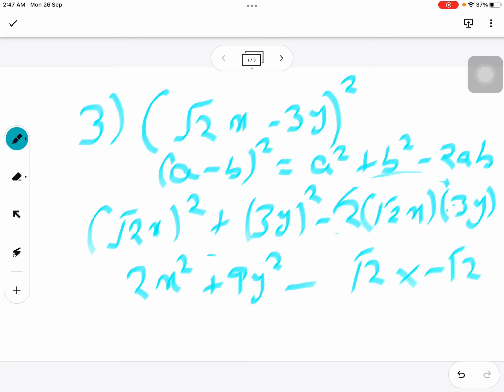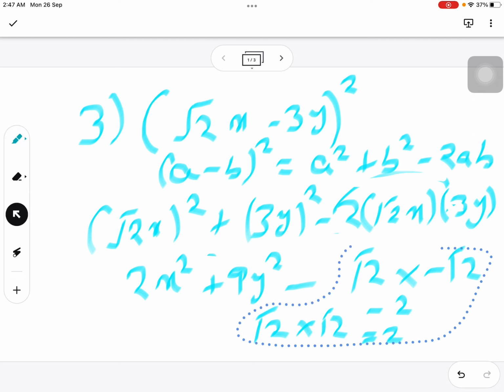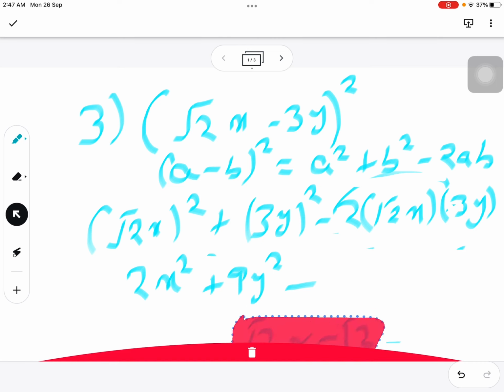So root 2 into minus root 2, when the two irrational numbers are multiplied, you get minus 2. Or it is root 2 into say root 2, same number, so that's again 2. Except for these kinds of scenarios, an irrational number multiplied with a rational number cannot be further simplified.